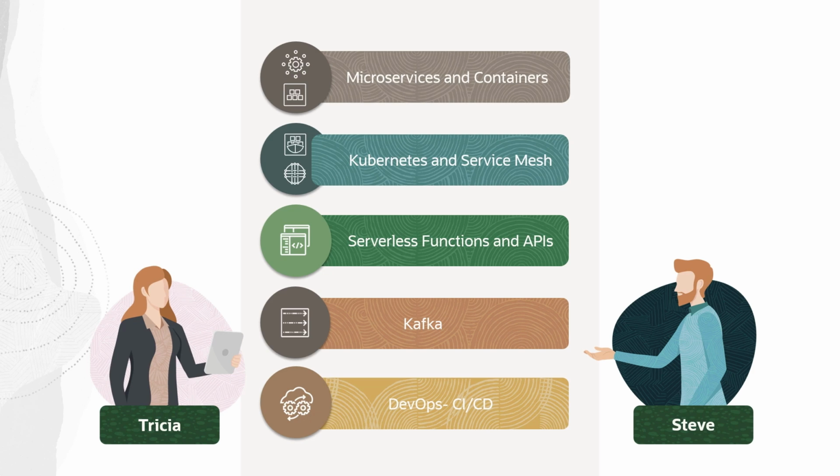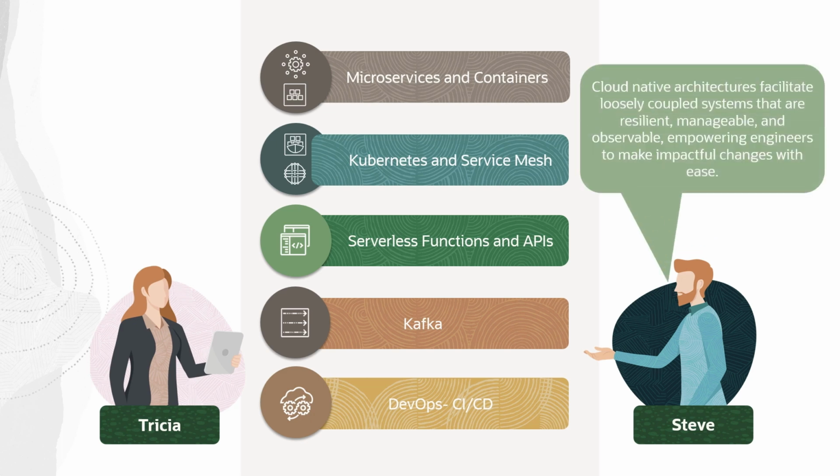He emphasizes that OCI provides tools and services to streamline development, reducing operational tasks, and enabling faster applications deployment. Ultimately, cloud-native architectures facilitate loosely coupled systems that are resilient, manageable, and observable, empowering engineers to make impactful changes with ease.